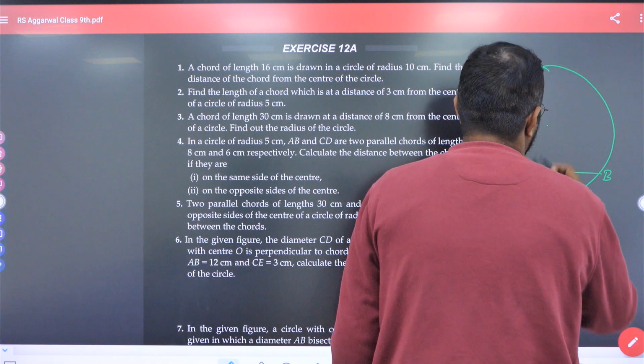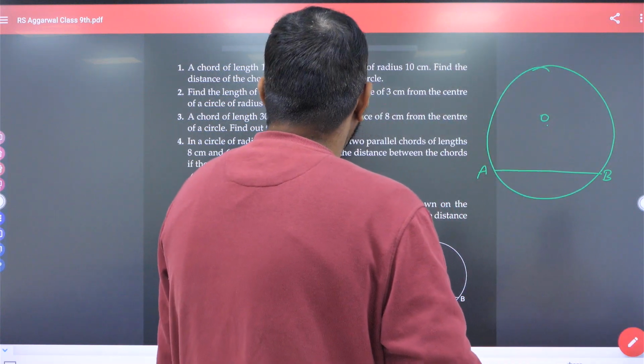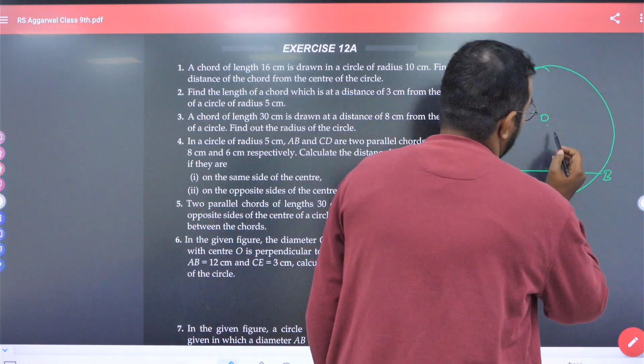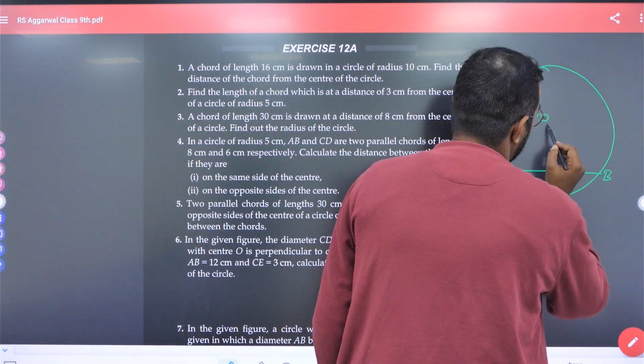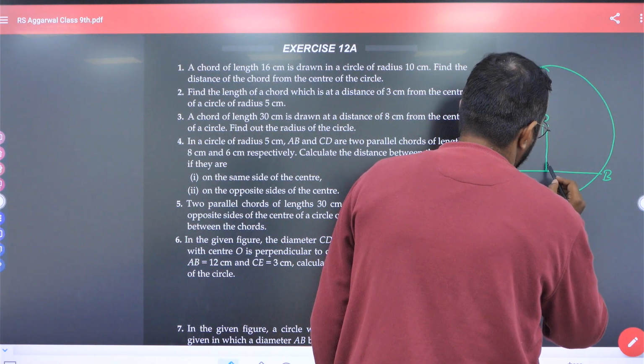Center is O. So there is a chord whose distance is 3 centimeter from the center. So for distance we always draw a perpendicular line. So we will draw here a perpendicular line.